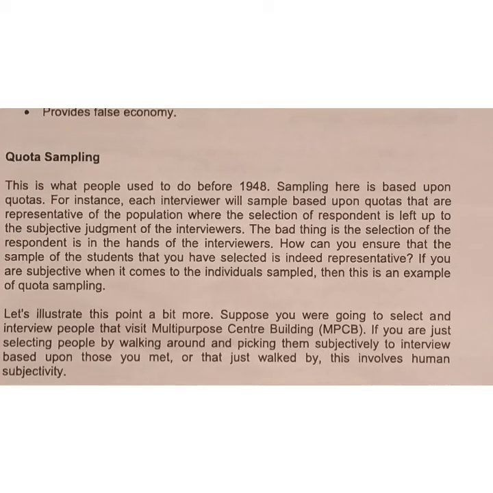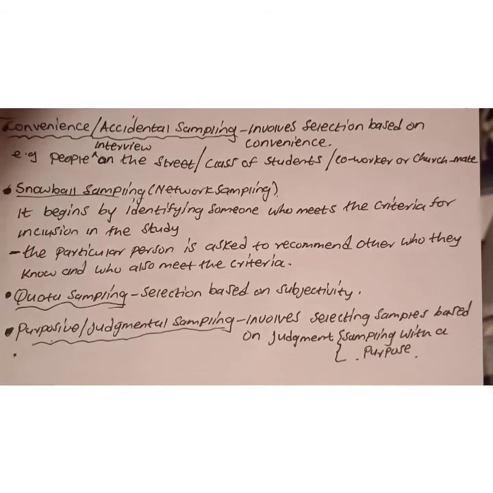The bad thing is the selection of respondents is in the hands of interviewers. How can you ensure that the sample of students you have selected is indeed representative? If you are subjective when it comes to the individuals sampled, then this is an example of quota sampling. Hopefully you understand quota sampling when I say selection based on subjectivity.